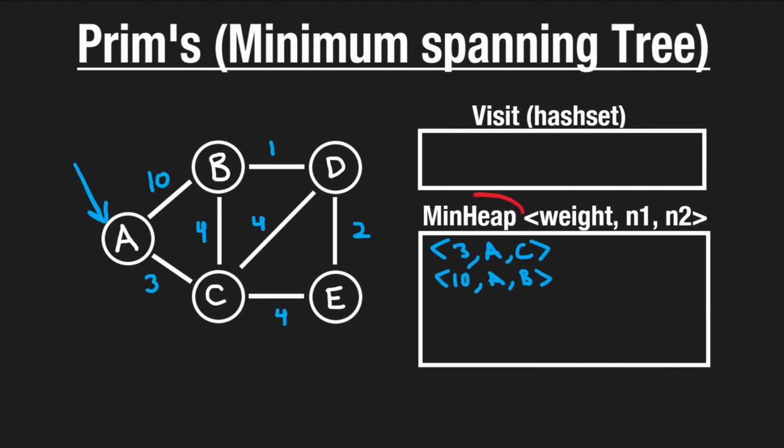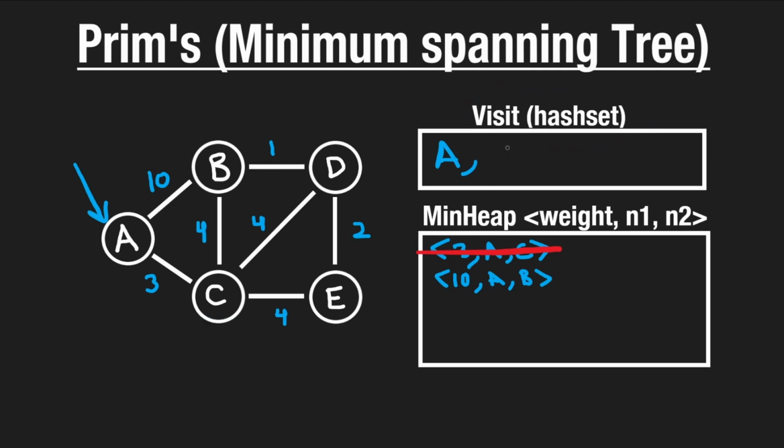To keep it simple, let's focus on the condition where the min heap is not empty. So we're going to pop from the min heap the one with the smallest weight. So we're going to pop this one where we have nodes A and C. Oh, and by the way, before we even did any of this, since we started at node A, it would have been added to our visit set immediately. So now we popped this edge and we arrive at C. As soon as we do that, we're going to take C, check it's not already been visited.